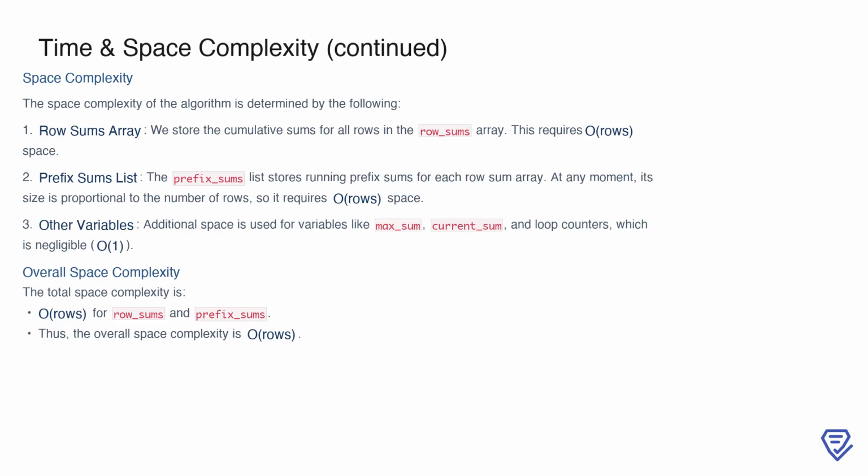Beyond these, the algorithm uses a few additional variables such as max_sum, current_sum, and loop counters, but these require negligible space, or O(1). Therefore, the total space complexity of the algorithm is determined by the row_sums and prefix_sums arrays, resulting in an overall space complexity of O(rows).